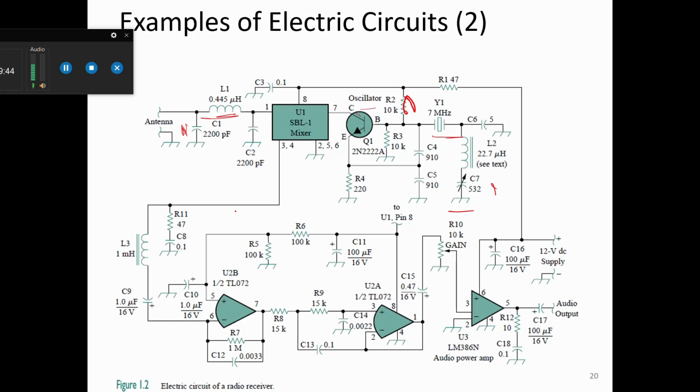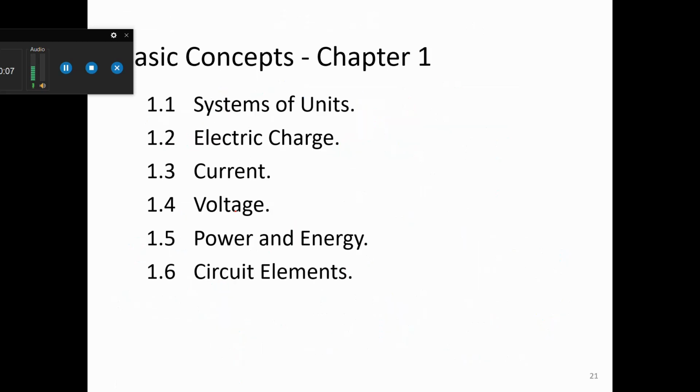It does not depend on whether you speak some particular language. Engineering has its own language, and this language is represented by the symbols that we'll be learning throughout this course. And if you see a circuit designed by anybody using standard symbols, irrespective of their language, you can understand what they are trying to say.